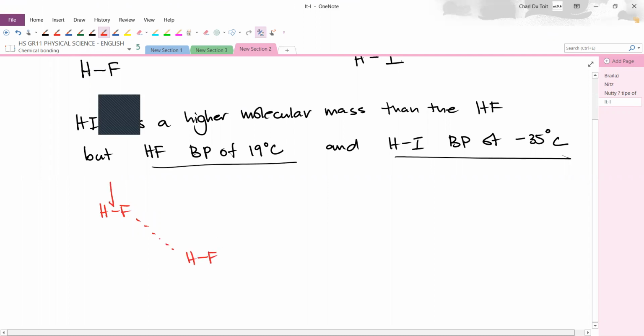The difference in electronegativity is concerned with the intramolecular force. There's your electronegativity difference. We are looking at these forces, and if they are the same, then we look at the molecular mass. So we need to compare these two intermolecular forces. And if they're the same, then it's only the molecular mass that we have to look at. So those two forces will be different.